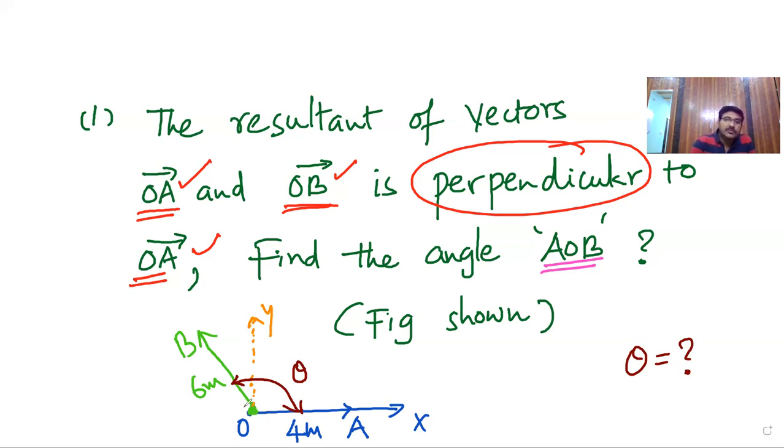OA is 4 meters, OB is 6 meters. And he is clearly showing that the resultant is perpendicular to OA, that means along the y-axis. Resultant is along the y-axis. Let us solve this problem.